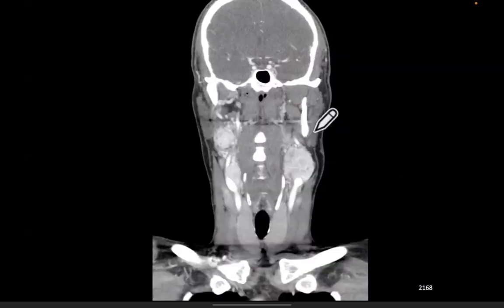Okay, we've got a tumour here and what looks like a tumour there and a tumour there.